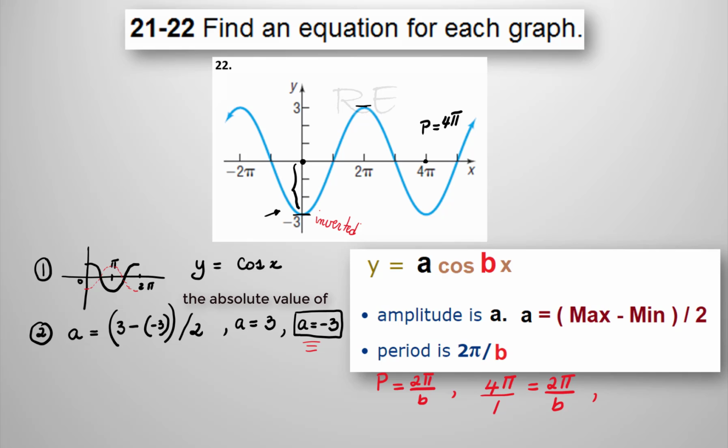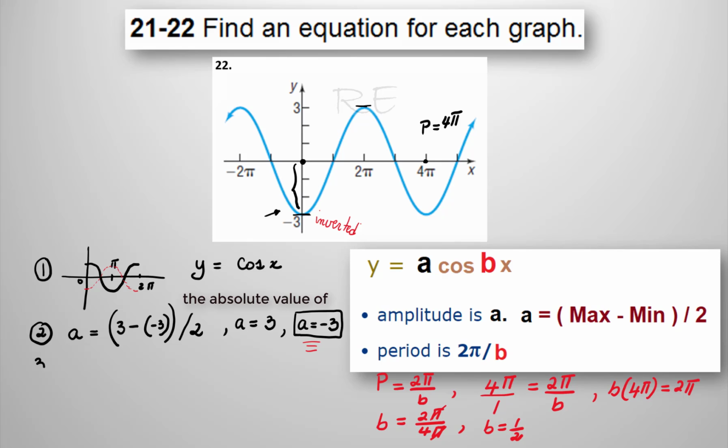b times 4 pi is equal to 2 pi. Therefore, b is equal to 2 pi divided by 4 pi. When we cancel pi, 2/4 is 1/2. So b, the coefficient of x, is equal to 1/2.